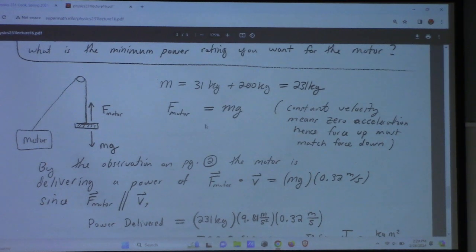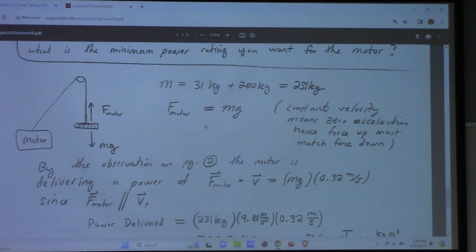So the motor force has to be equal to the weight. And we just worked out that the power is the motor force dot the velocity, and the velocity we said was 0.32 meters per second. So that gives me the power that actually is being developed by the motor at the maximum load.